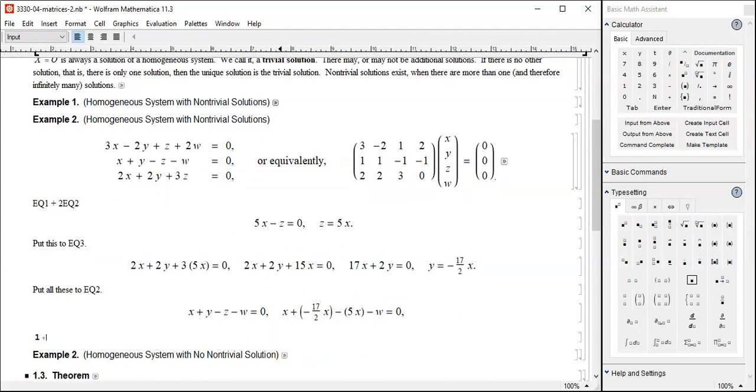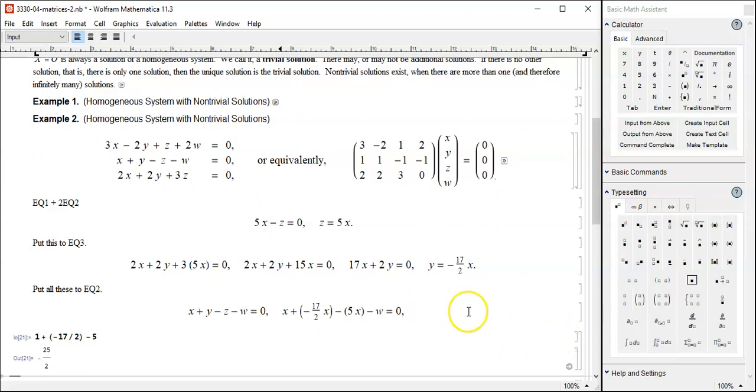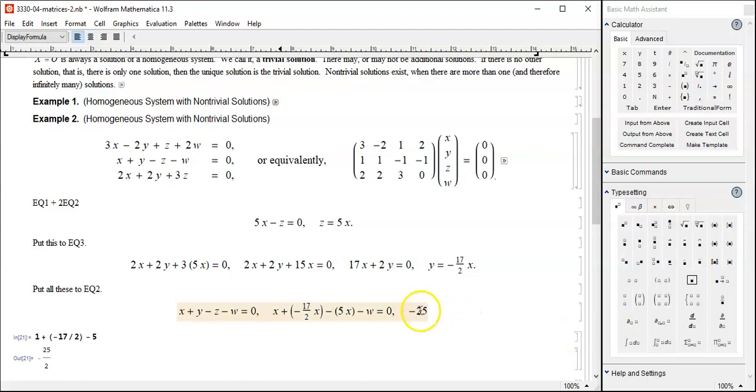1 plus negative 17 halves minus 5, it'll turn out negative 25 over 2, so negative 25 over 2 x minus w is equal to 0, w is equal to, therefore, 25 over 2 x.